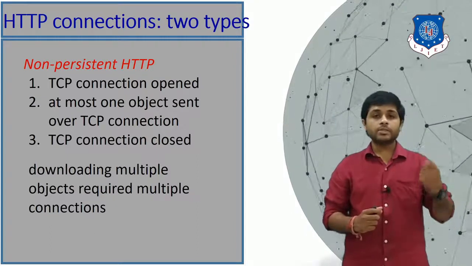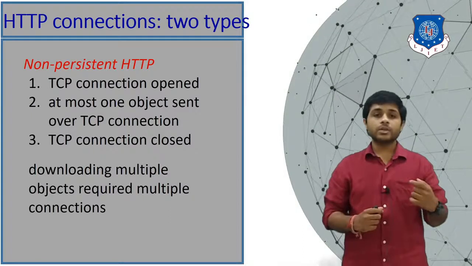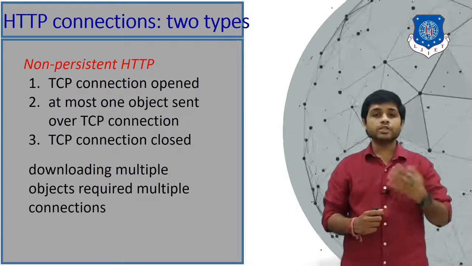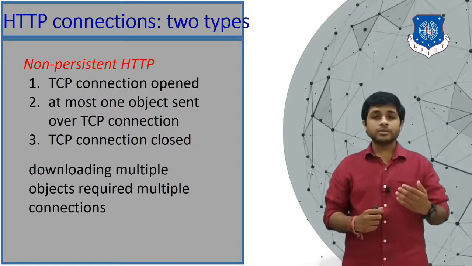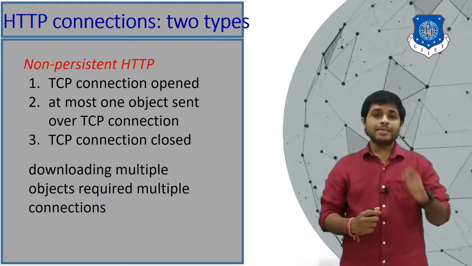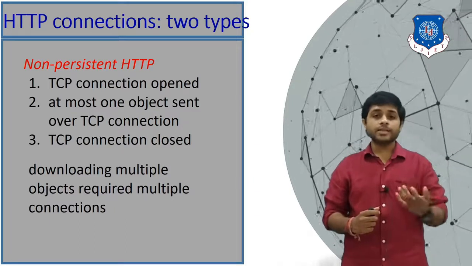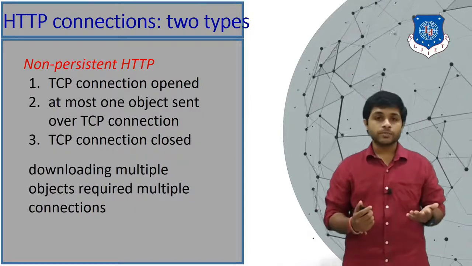So it will first send the TCP connection request to the server. After the connection is established, only one object is sent over the TCP connection, and after that object is received by your computer, the connection is closed.